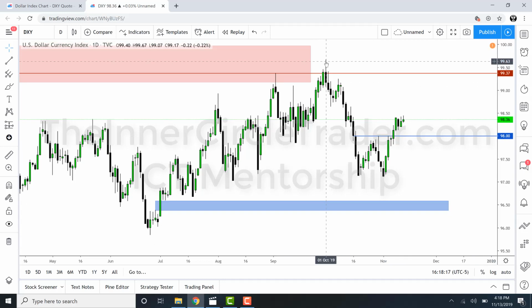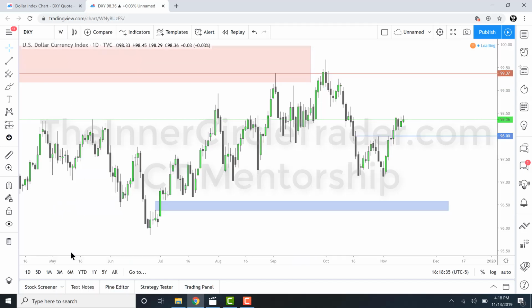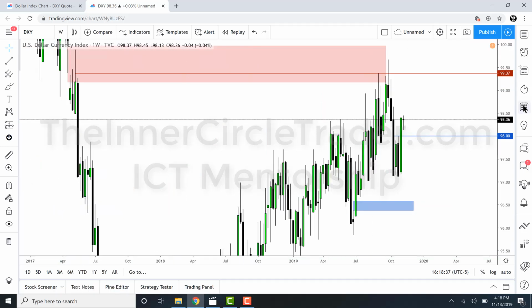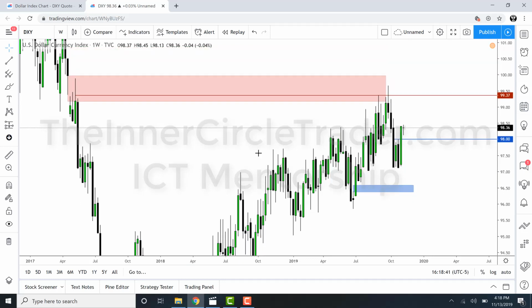You can go back and look at all of the August and September reviews. You can see how we were anticipating this midpoint run and minimum, and then anticipating potentially a complete closure of that weekly SIBI. And just for completeness' sake, because we are here at TradingView now, there we are right in here, and we were looking for that run up there.